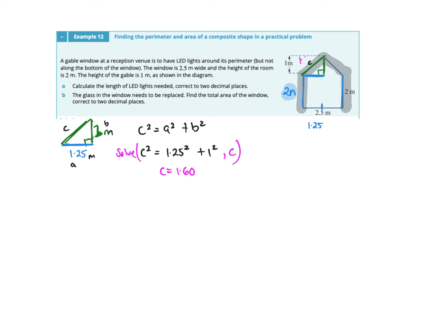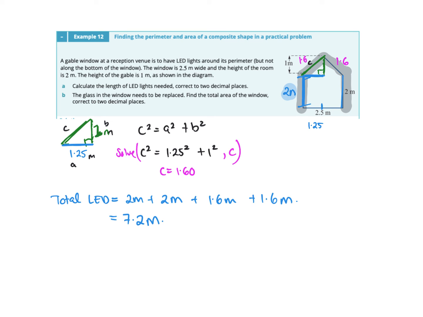So I know this is 1.6, this is 1.6. So when we find the total perimeter, the total LED that we need will be the 2 meters plus the 2 meters. So they're those 2 sides over here. And then we've got plus 1.6 meters plus 1.6 meters. So we end up with 7.2 meters needed.